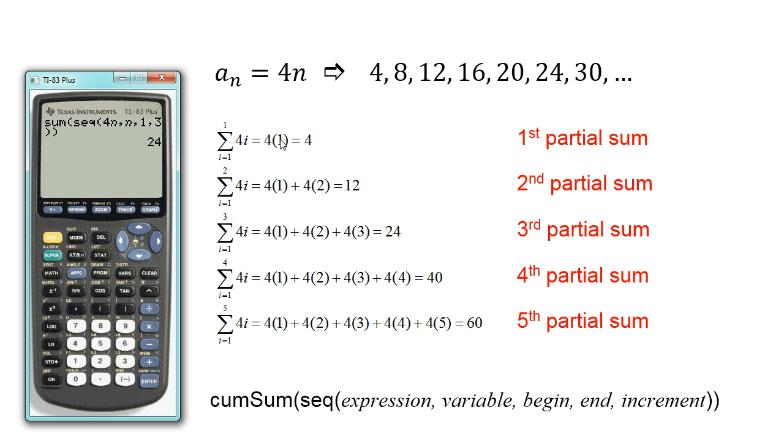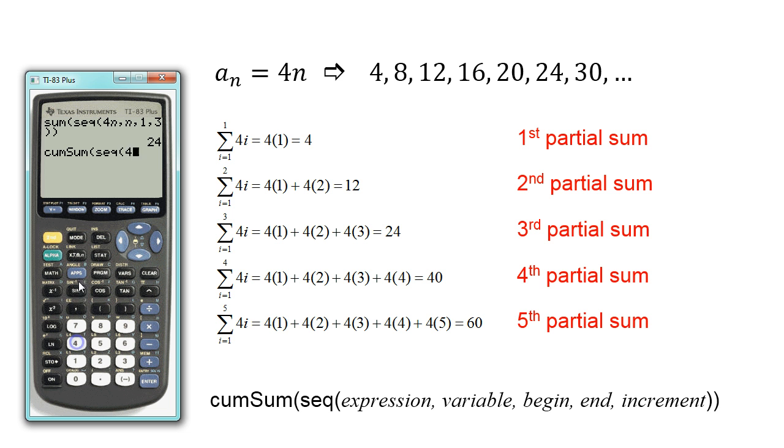Now, if I need more than one partial sum, sometimes it's easier to use the cum sum function. So to find that, you go second list ops, there it is. And then you need to do second list ops again to choose the sequence. Then I'm going to do the same thing I did before.